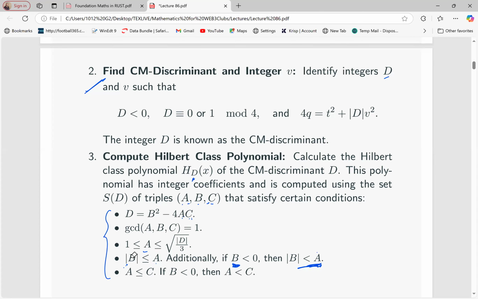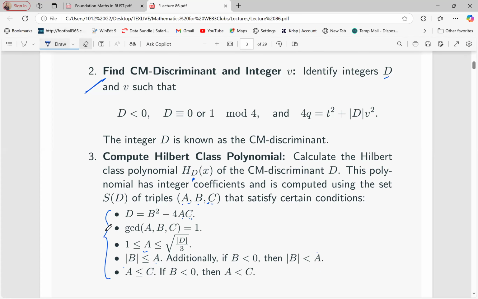We shall do an example of how to come up with the elliptic curve, and we'll be emphasizing these points again when that time comes.